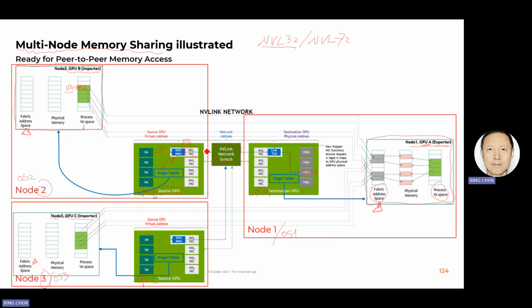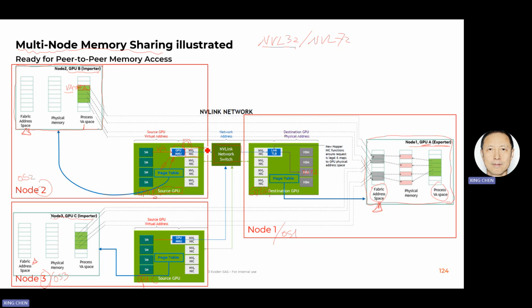Okay. For sure, the type of the request could be read or write, and the address to read or to write is the fabric address. So this fabric address will be sent into this NVLink network.